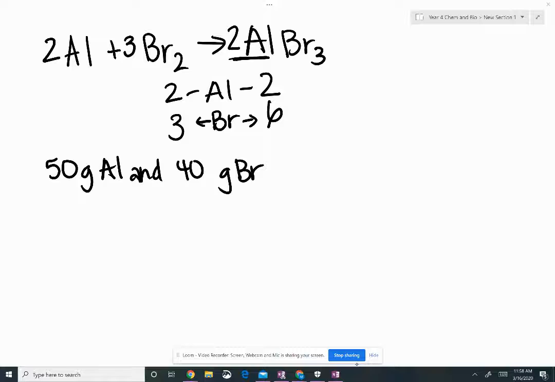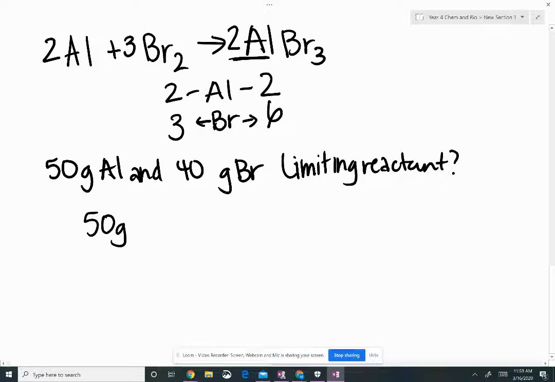And we have to figure out which one is your limiting reactant. Right? So what you guys are going to do is look at this, and we're going to start with our 50 grams of aluminum.